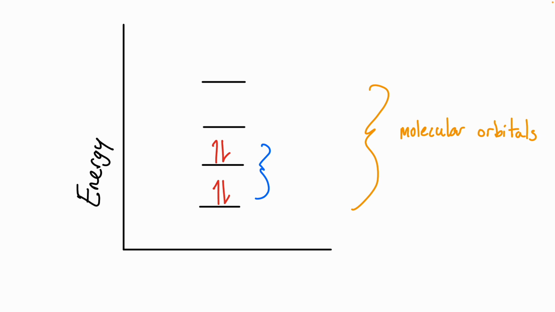All right, the lower energy orbitals are what we call our bonding orbitals, and the upper energy ones are what we call anti-bonding orbitals.